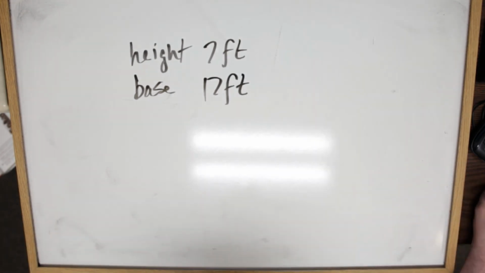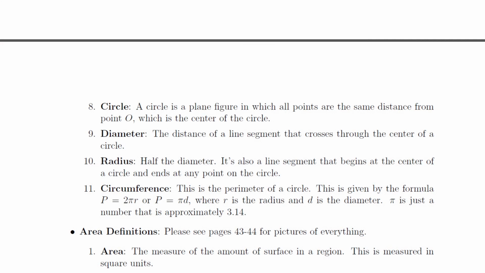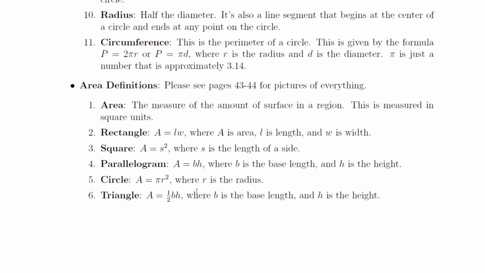Again, I'm going to go back to the notes here, and we'll take a quick look at the area of a parallelogram. Its area is base times the height. They gave us the base, they gave us the height. But let's write that formula down.